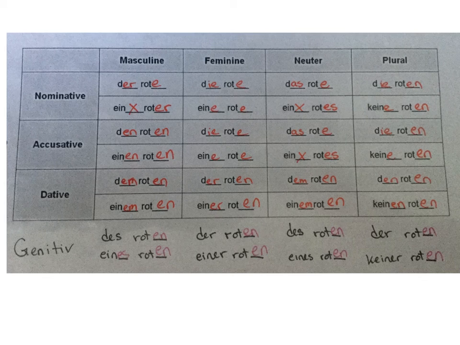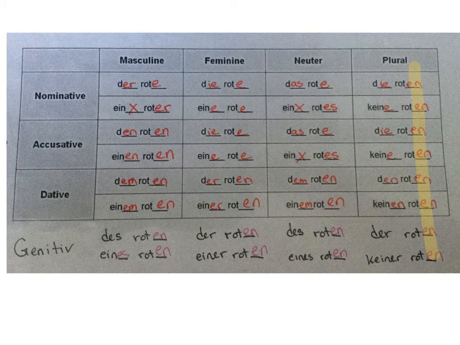For example, if I look at the masculine nominative, I can see what to do after a definite article like der, or an indefinite article like ein. Whenever you have adjectives that are preceded by definite and indefinite articles, there are some patterns to what the adjective endings are. If your noun, for example, is plural, it'll have an en ending.